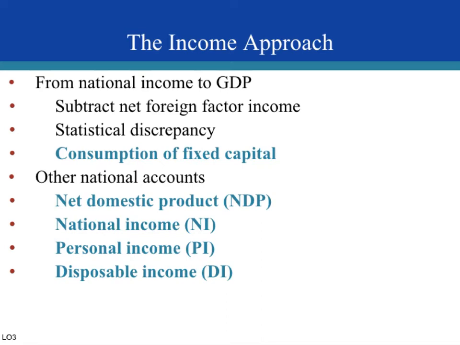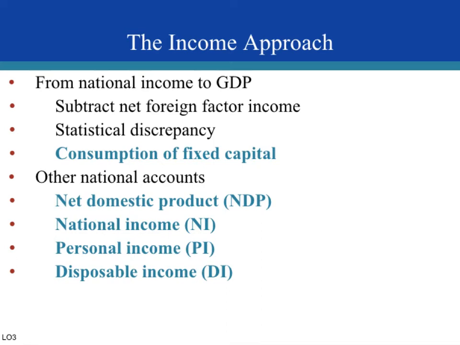National income. This is how much Americans earn for their contributions of land, labor, capital, and also entrepreneurial talent. It's the entrepreneur's idea that gets land, labor, and capital together to produce a good or provide the service. So we look at that, and it subtracts the statistical discrepancy, and we add in the net foreign factor income.